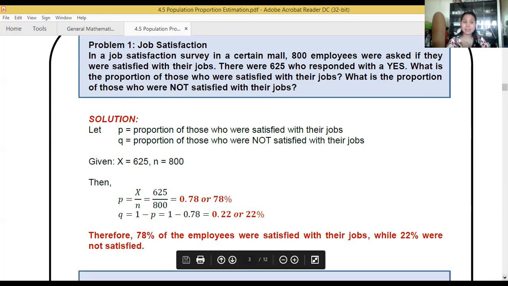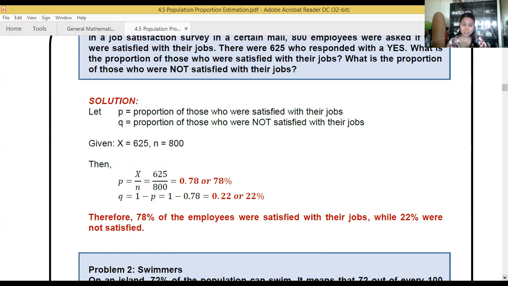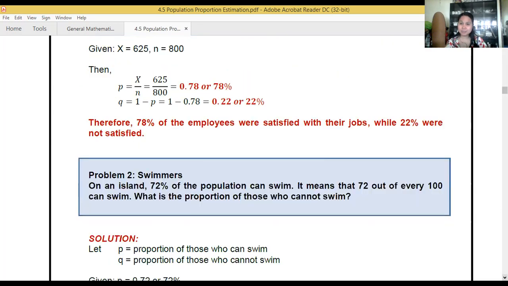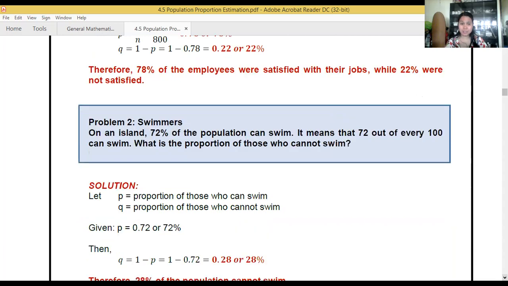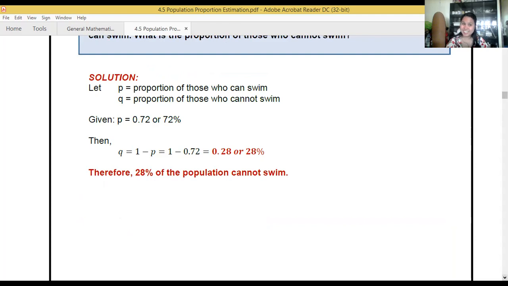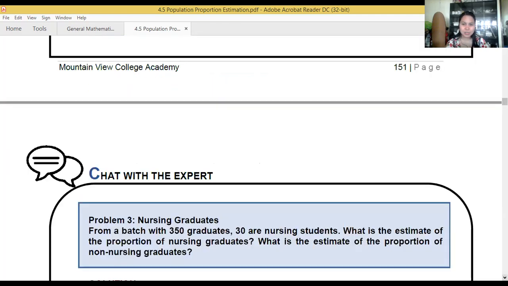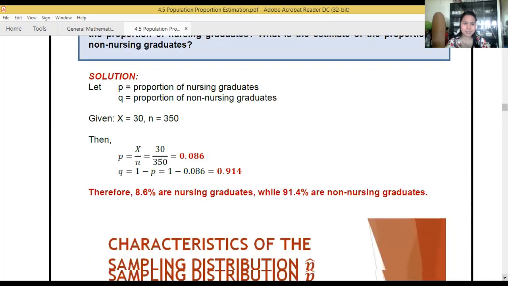So 78% of the employees were satisfied with their jobs, while 22% were not satisfied. Any questions with that? The second problem is very similar to the first problem, so I'll give you the chance to read it. Also the third problem. These are just the same.